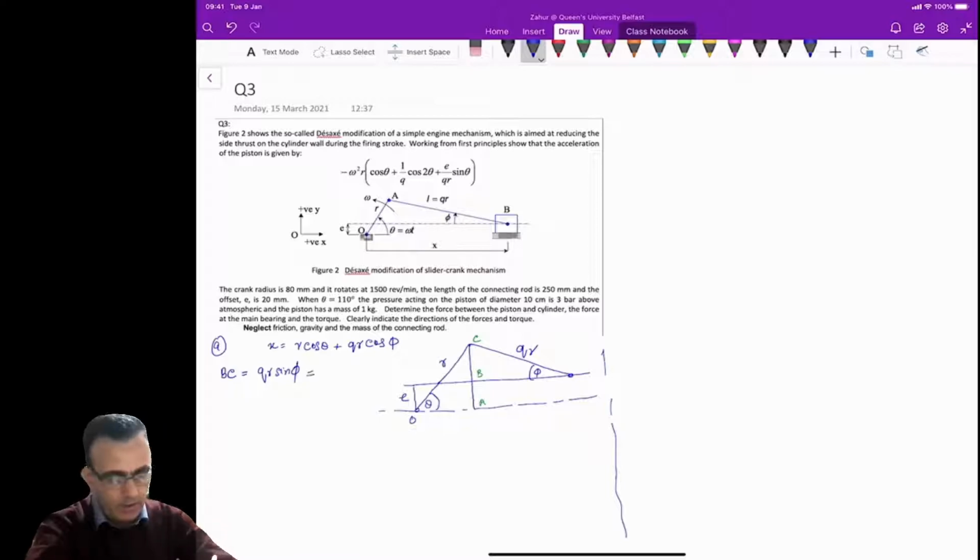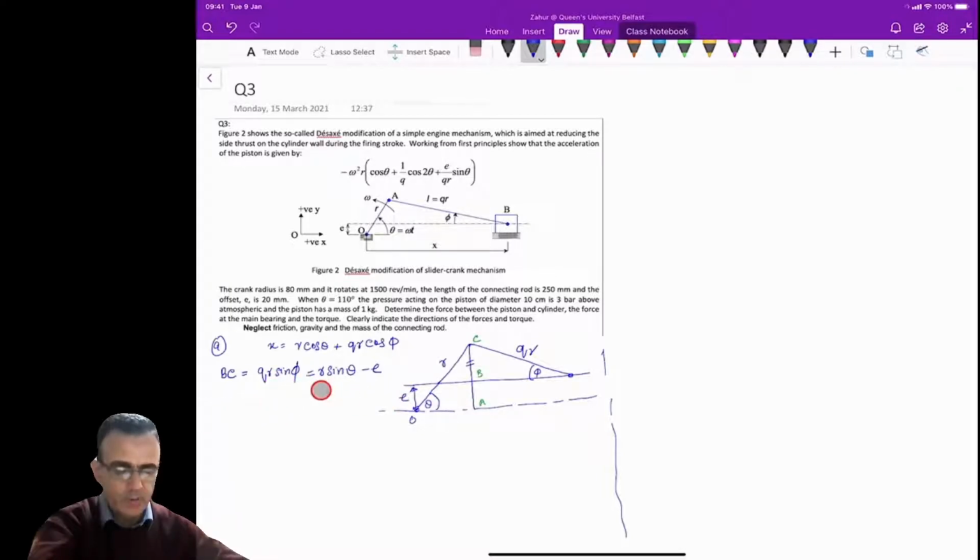And if you look at this triangle here, you will calculate CA, and then subtract E, which is this distance here. So what you can say is R sine theta minus E. So R sine theta minus E is just this BC here.